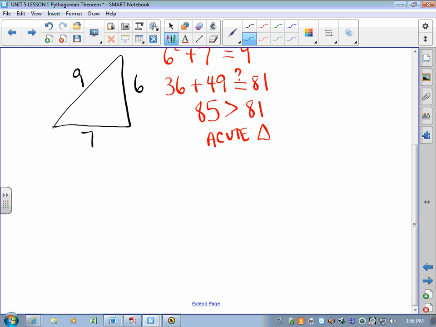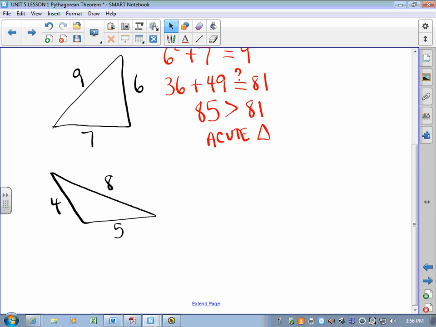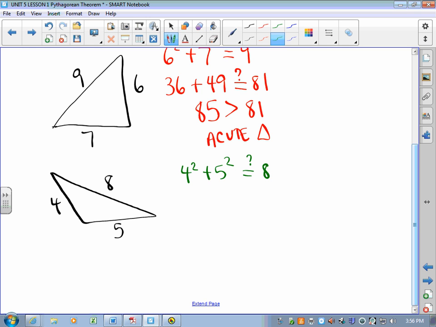Similarly, if I were to take some triangle like so and say maybe 4, 5, 8. That seems reasonable. What color haven't I used yet? Green. 4 squared plus 5 squared, is it or is it not equal to 8 squared?